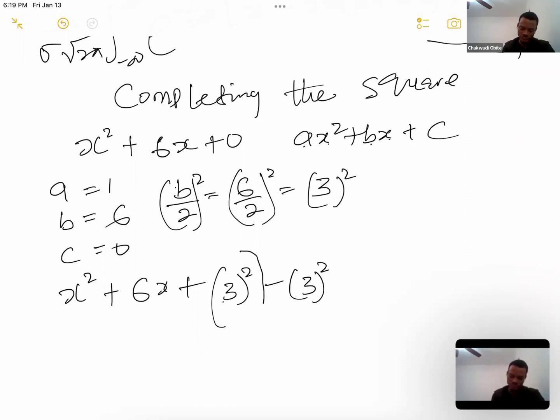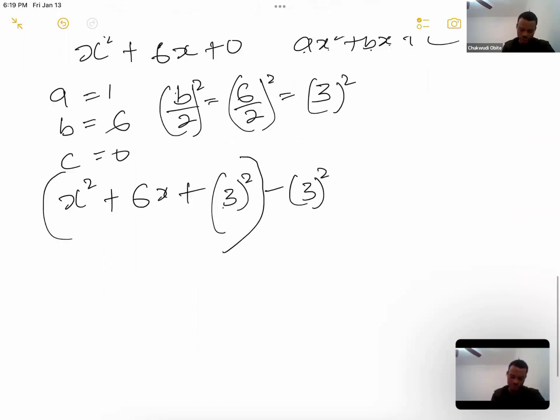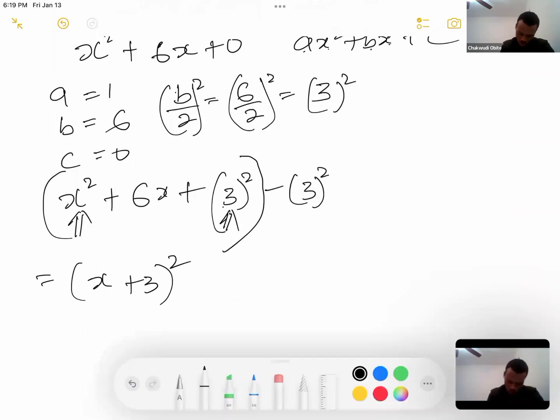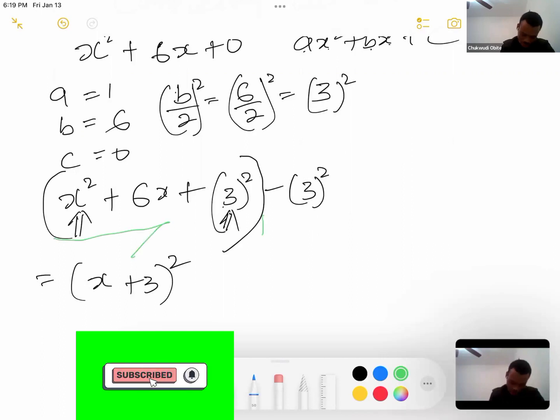Then you consider this. When you consider that, you pick the first object here, which is x. You pick the next one here, which is plus 3, all square. So all this means this.